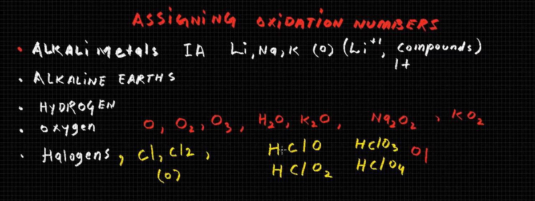In these compounds, we have three elements. So halogens will have a variable oxidation number here. Hydrogen will have +1.